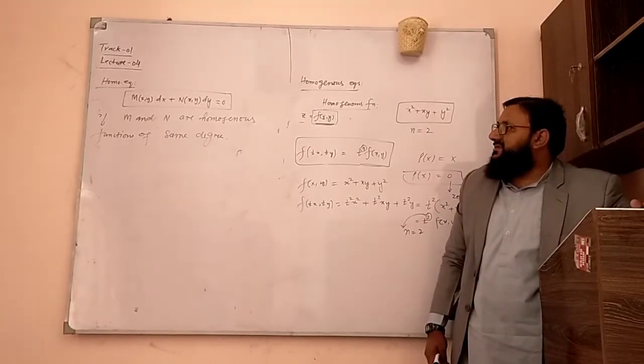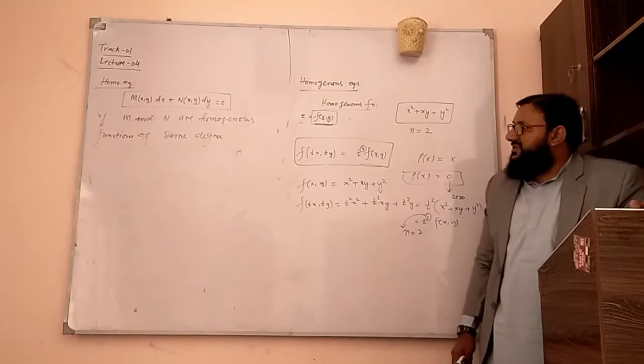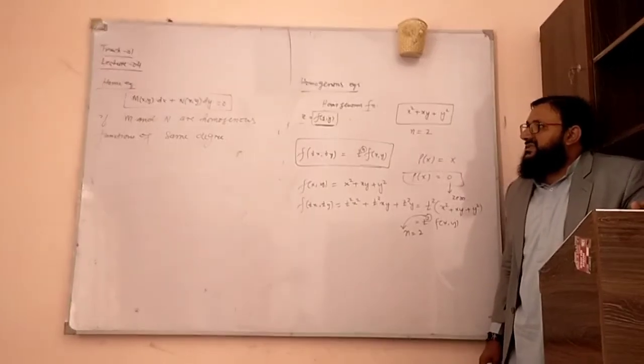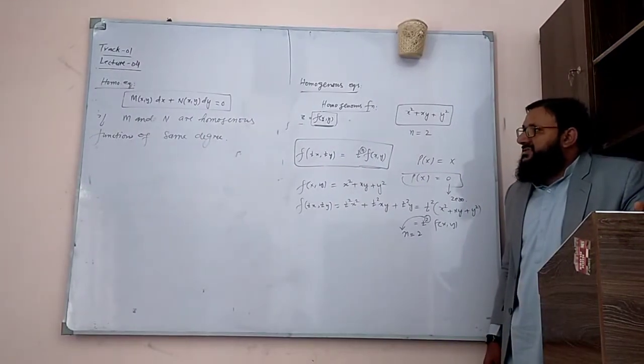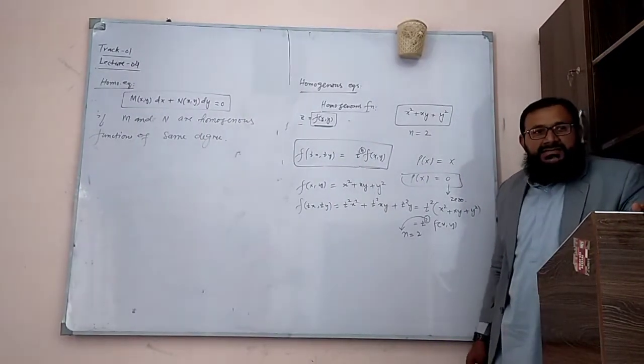So, with this, you have a differential equation in this form. It is called homogeneous if the functions m and n are homogeneous functions, but their degree must be the same.